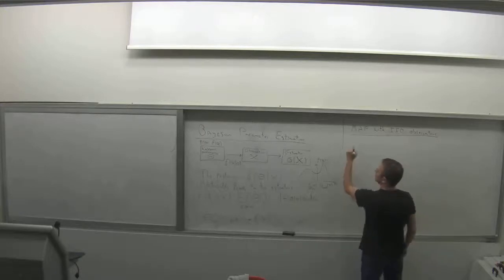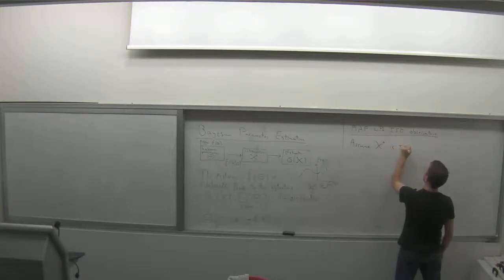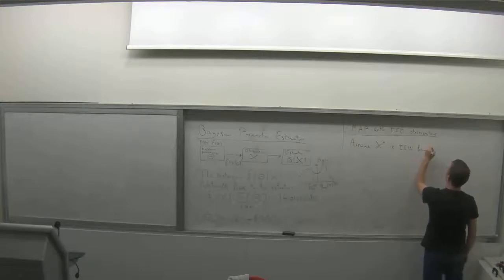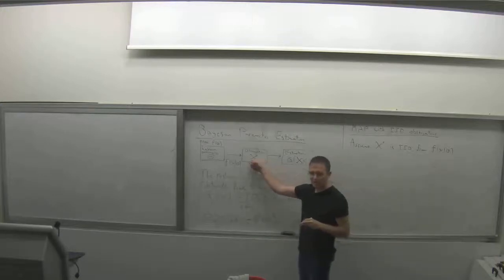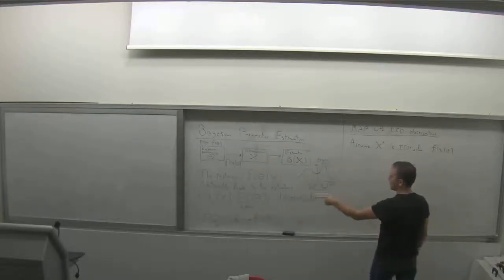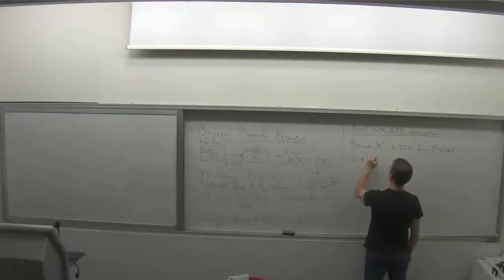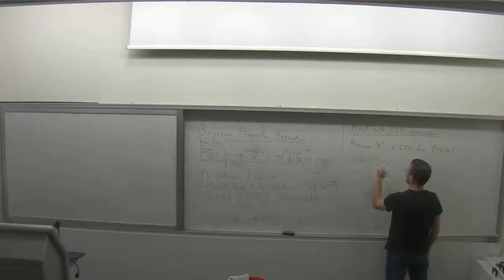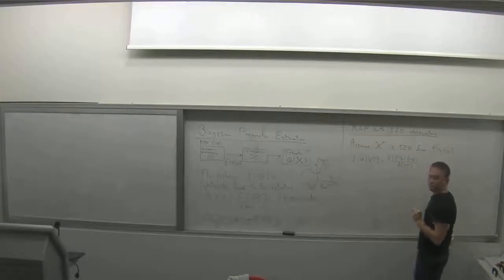Okay, so assume x_1 through x_n are IID from, let's say, f of x given theta. So here, instead of a single observation, you have n observations. Then let's look at the posterior. f of theta given x_n is equal to f of x_n given theta times f of theta over f of x_n.